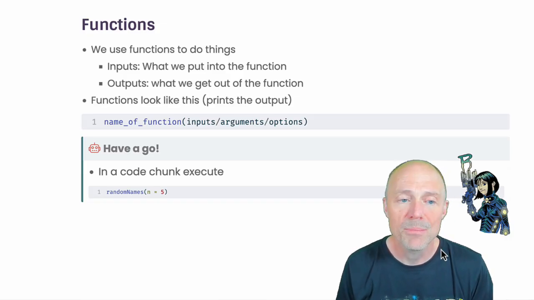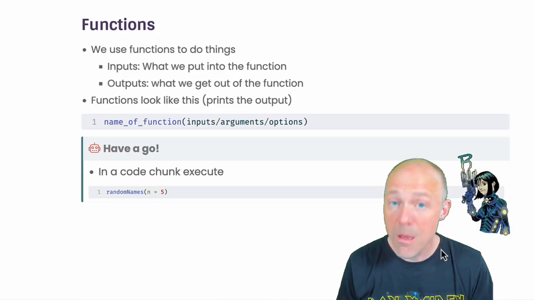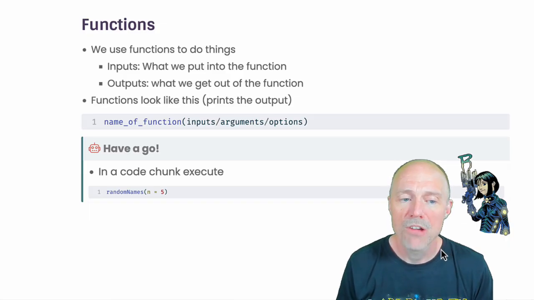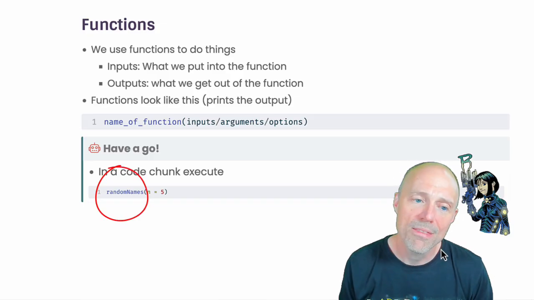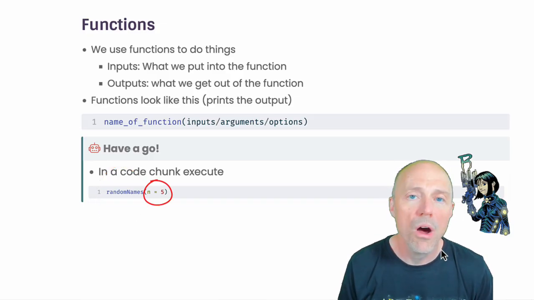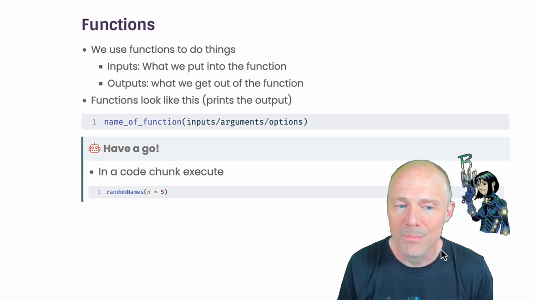So for random names, the input is just a number. So if you want 5 random names, the input is 5, and the name of the input is the letter N. So we can generate 5 random names by using the function random names, and then within the brackets telling it N equals 5. In other words, I want 5 random names.